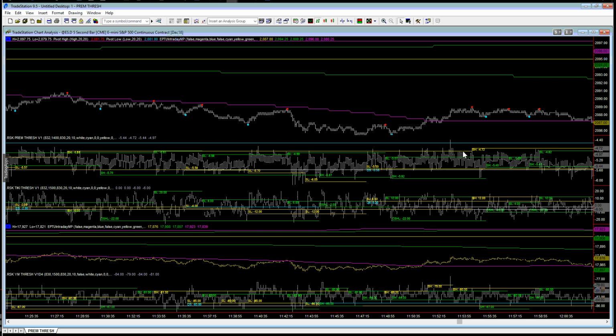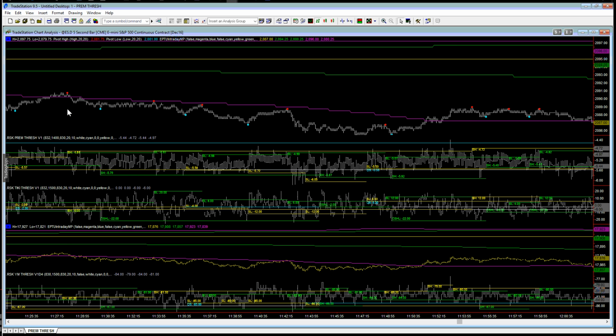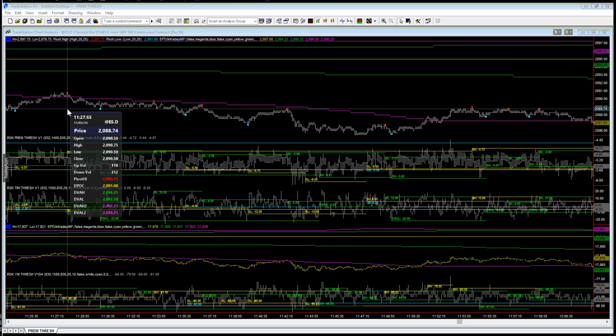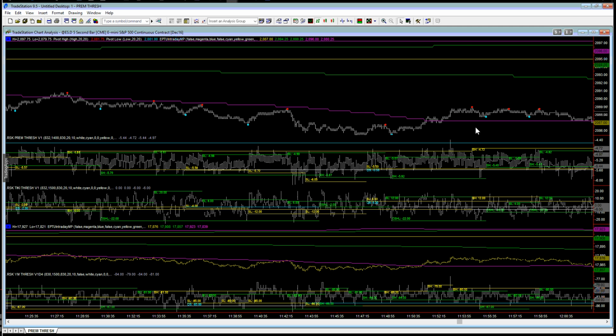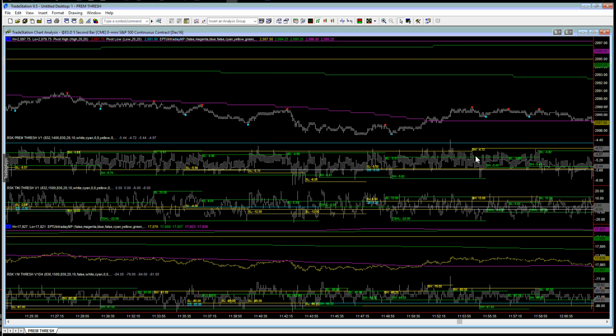Because this line here is really taking you back all the way to here. And we were at 90.75. Now, we're at 89 here. So yes, this is higher.